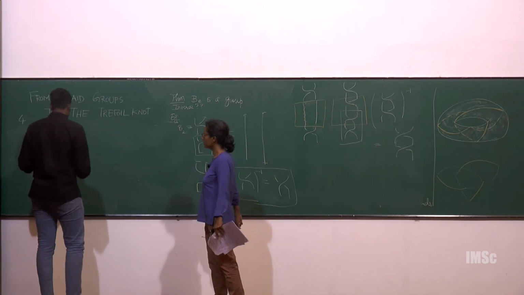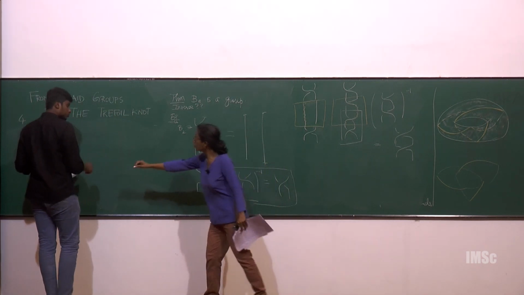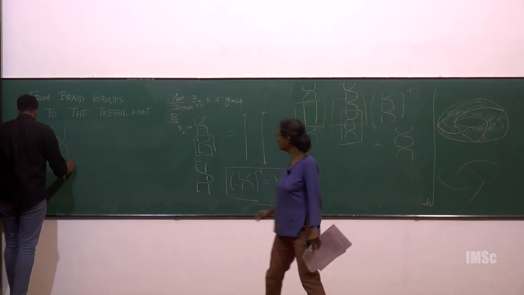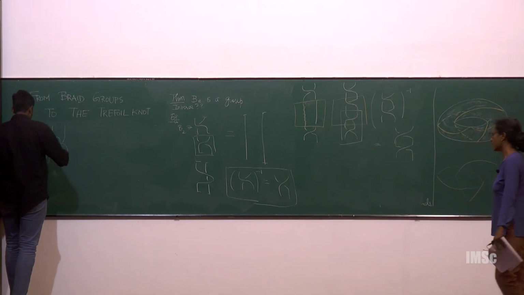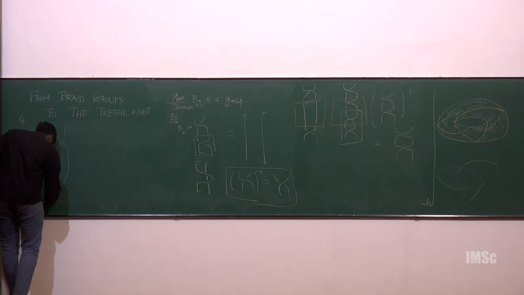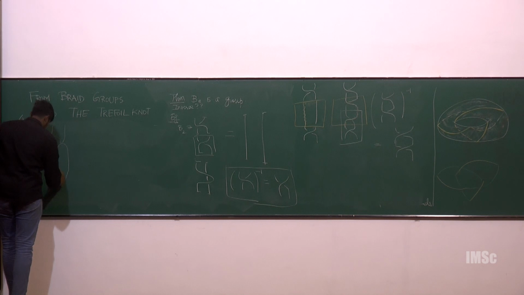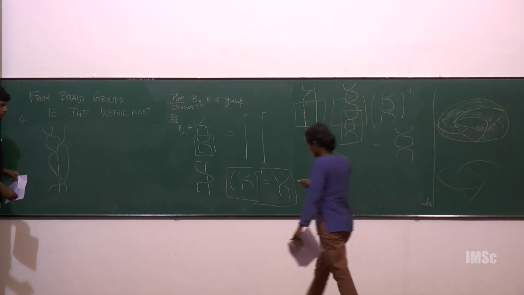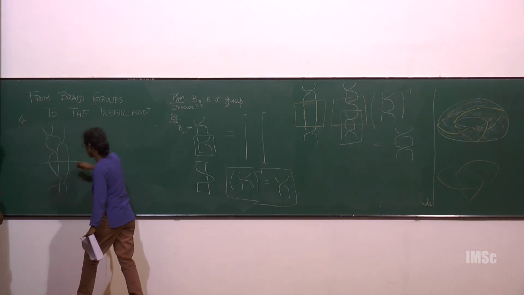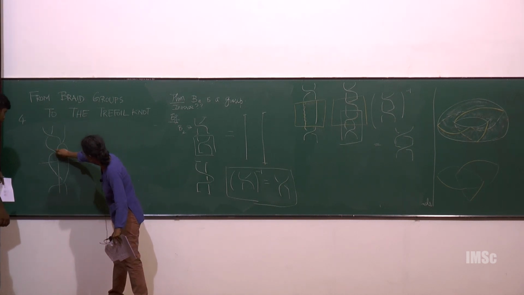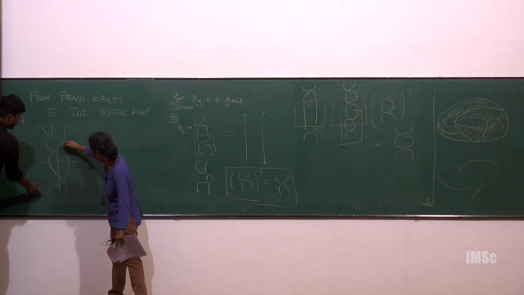Yeah, you can draw the inverse straight away. Maybe draw it below, then it will be easier for people to see. Okay. So this is the knot and this is the inverse. Okay, so these two will cancel out.